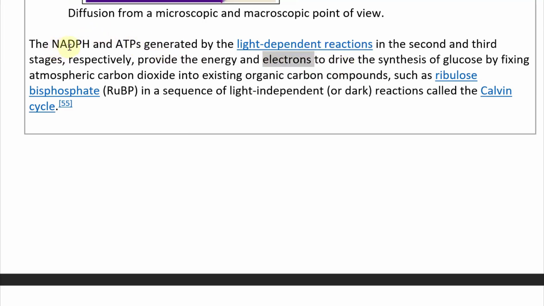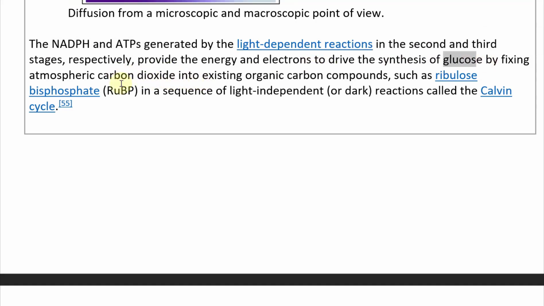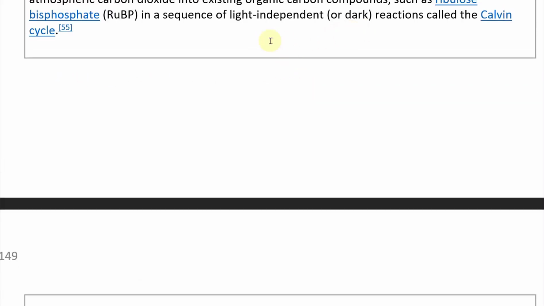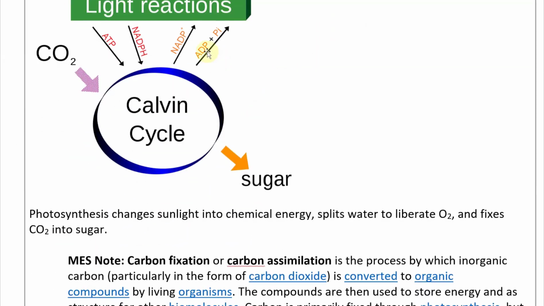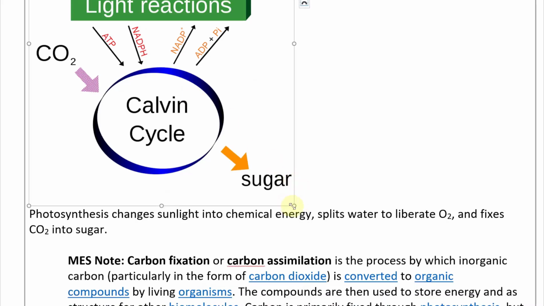The key one is electrons from NADPH, which is the final electron acceptor, and then to drive production of glucose. It's also going to fix CO2, meaning you store it inside existing carbon compounds, such as this right here. And these are light independent or dark. And here's an illustration of this Calvin cycle right here. Let's make this smaller.